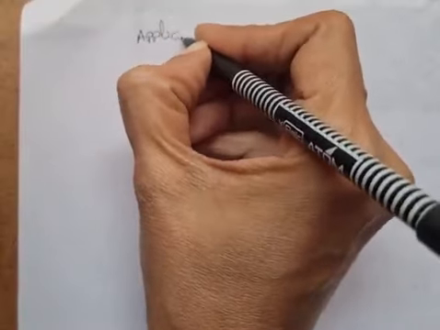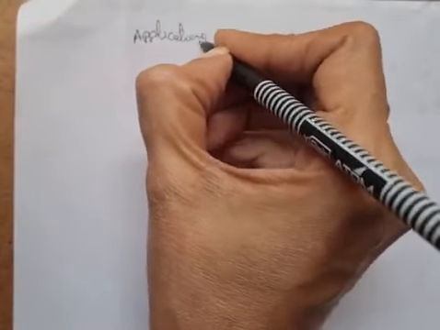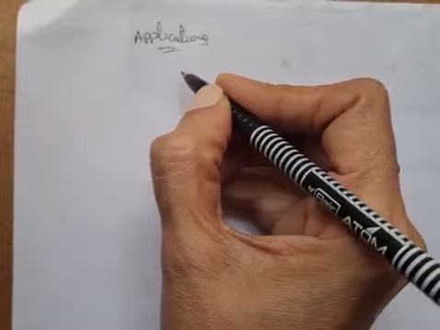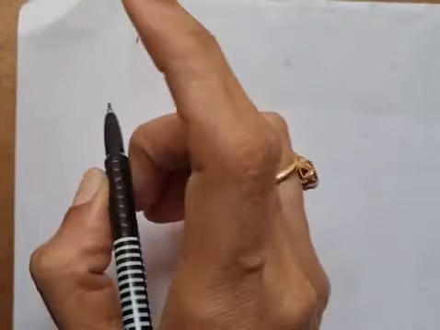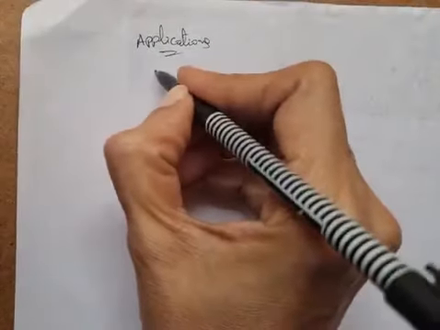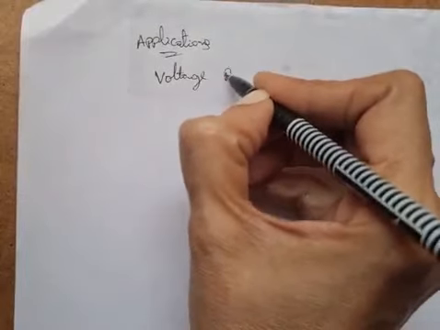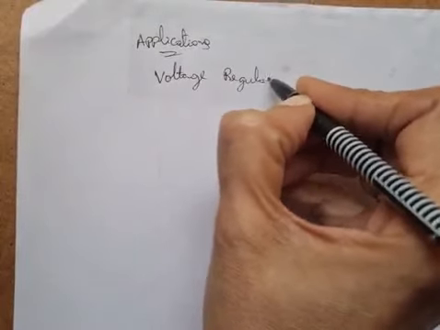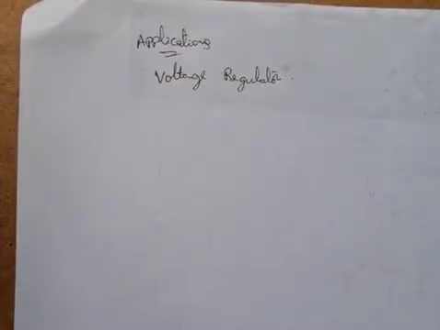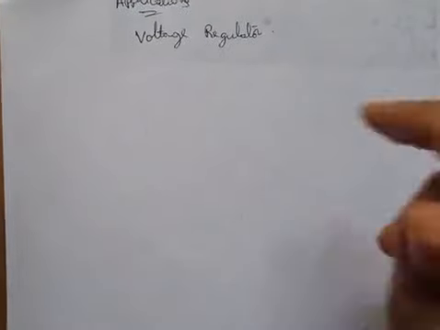Applications of a Zener diode. Mainly the Zener diode is used as a voltage regulator. For this voltage regulator, we have one circuit diagram.